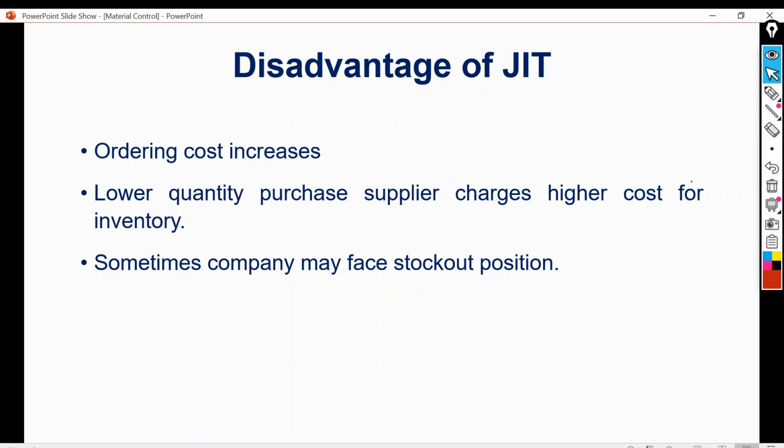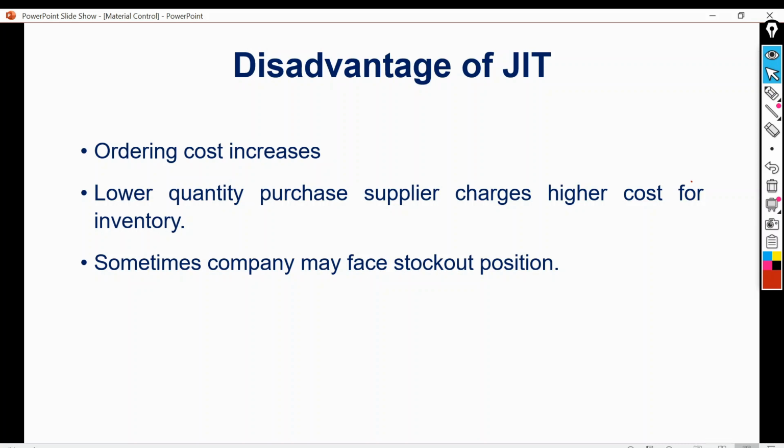But in case our supplier rejects my order in any situation, or the supplier also has no stock, then the company under just in time may several times suffer a stock out position.